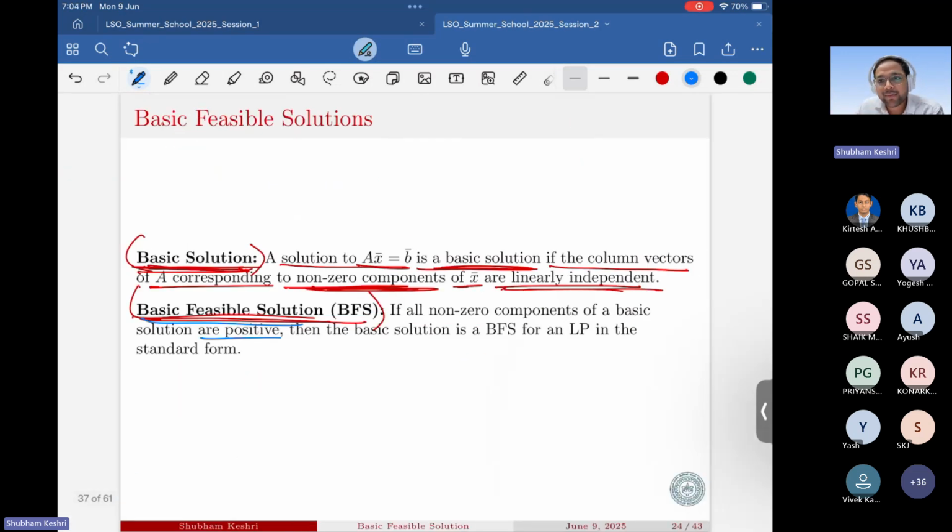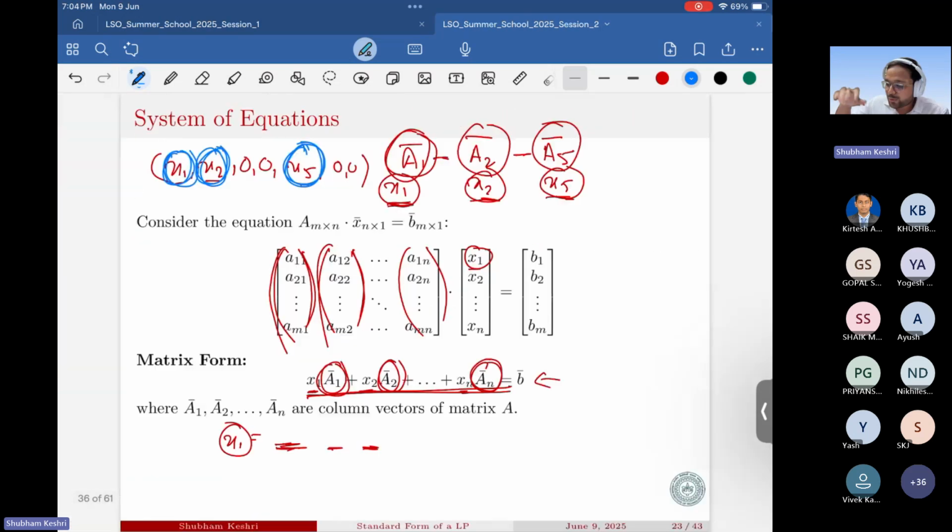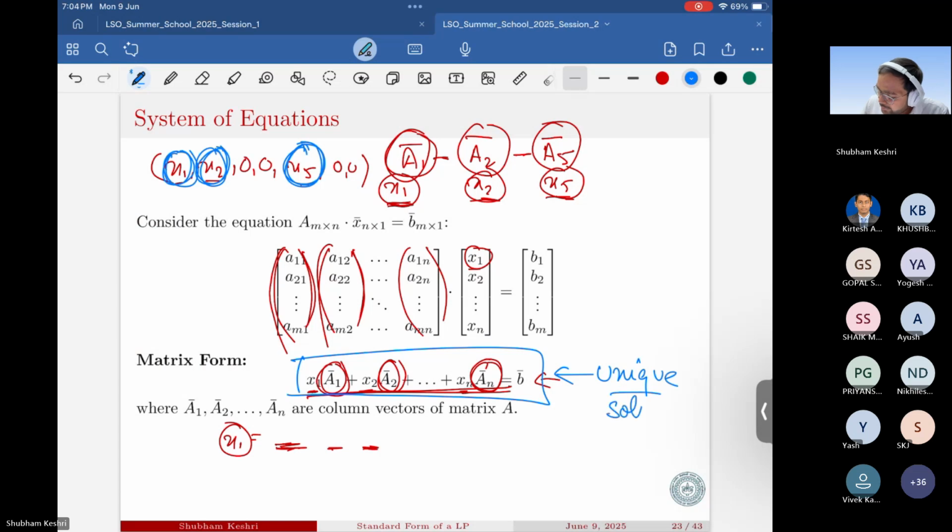Yes, Nikhilesh. Shubham asks: here, linearly independent columns, how can we check, or what does that signify? So I will not talk about linear independence in that way. You can say that if you solve this equation and you get a unique solution, then it actually means that these columns are linearly independent.